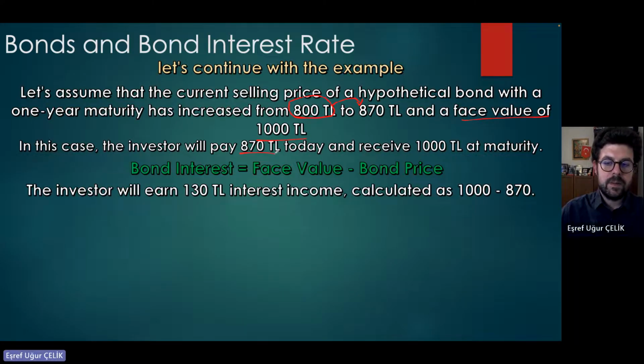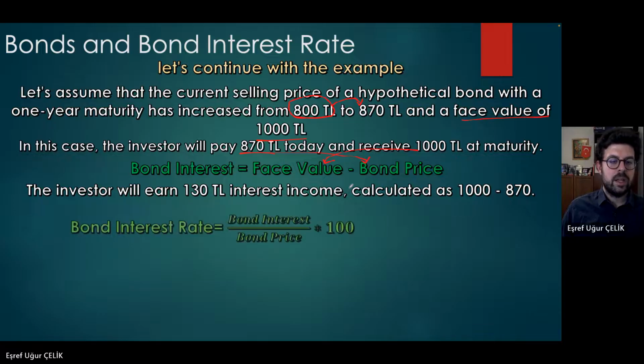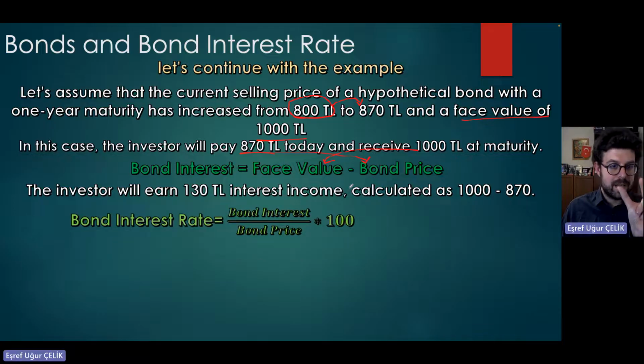This time we pay 870 and our face value is 1000. So the bond interest is 130. So our interest becomes lower than in the previous example.